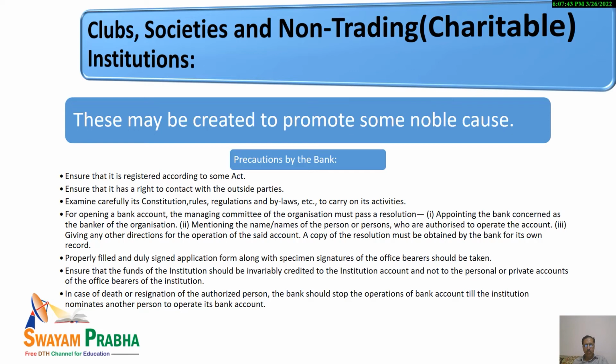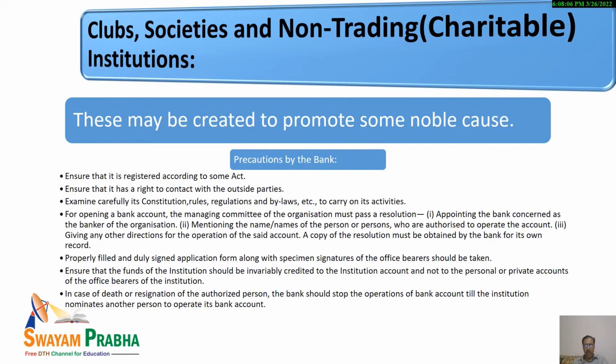And in order to open the account, this committee, club, society or non-trading charitable institution must pass some sort of resolution. Its copy should be taken, and it should be clearly mentioned in it that they are opening an account.